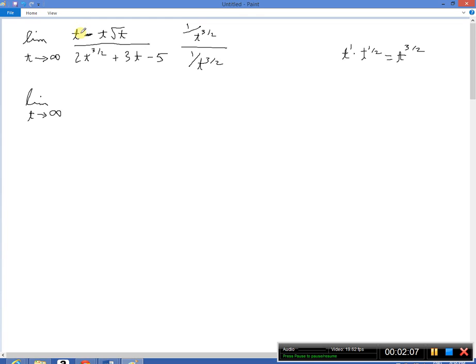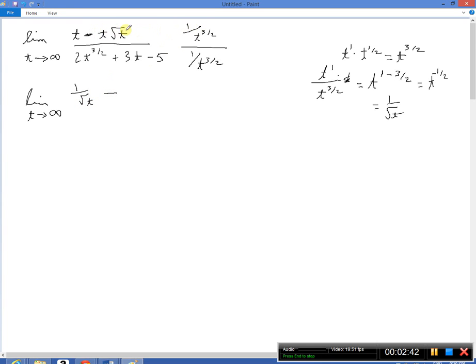So you're going to end up with, well, let's write it this way: t to the 1 divided by t to the 3/2, which is going to give us t to the 1 minus 3/2 using the laws of exponents. And 1 minus 3/2 is negative 1/2. So this is t to the negative 1/2, or 1 over square root of t. So on top we have 1 over square root of t.